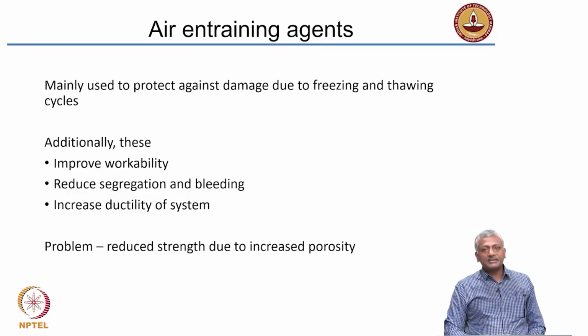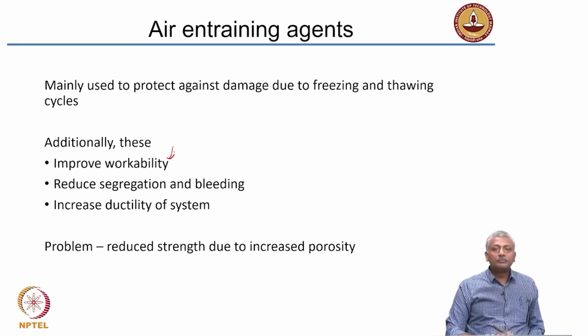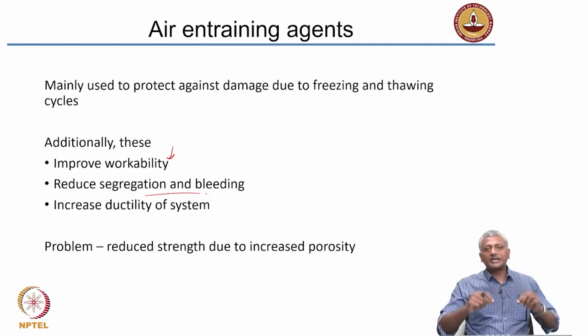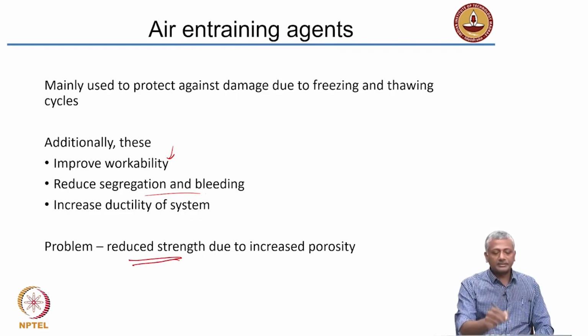So, freeze thaw is a major problem in certain parts of the world, and that is where air entraining agents can help. But sometimes they also lead to additional impacts like improving the workability, reducing segregation and bleeding, and increasing ductility of the system. But please remember, we are introducing air inside the concrete, so more air means we are bringing down the strength.